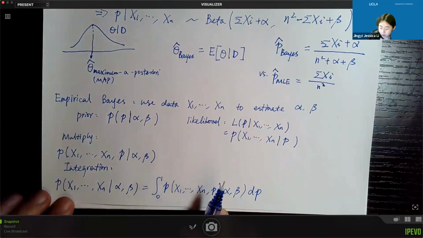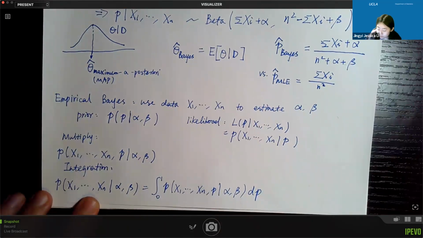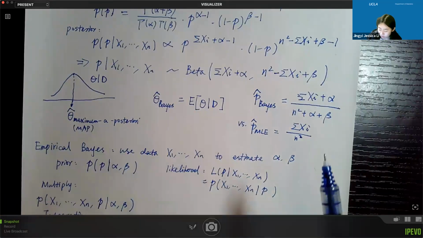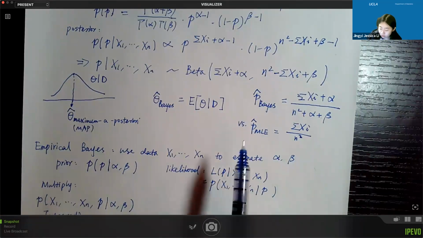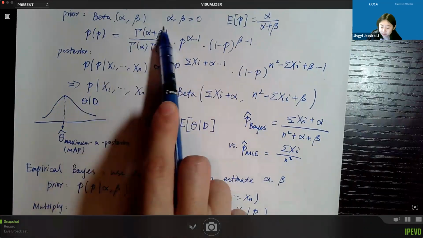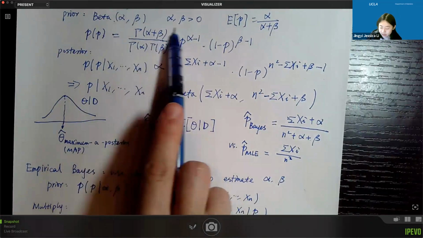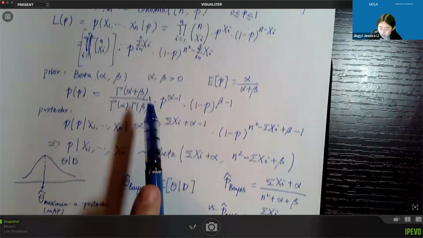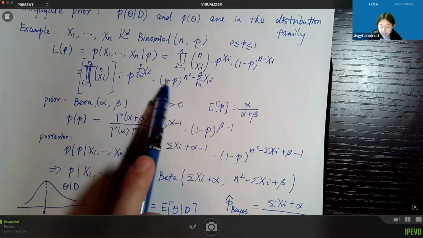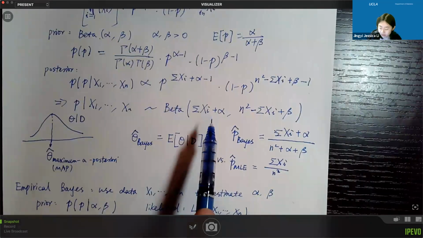Okay, so suppose that we can do this. And in fact, yes, we do. So in this example, you see that this joint density is to multiply this prior, okay? Sorry, my bad. Is to multiply this likelihood right here, the data distribution, with the prior.